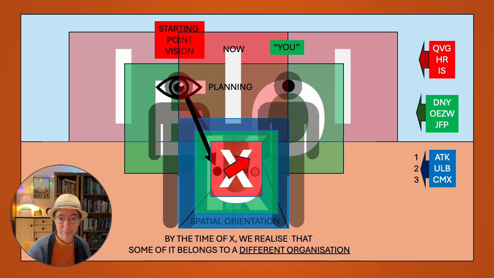And when we go through all the phases in the physical reference points, ATK, ULBC, MX, we come at the end at the X, and by the time of the X we also realize that some of the things are organized differently.